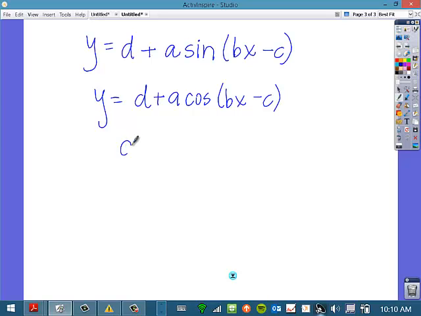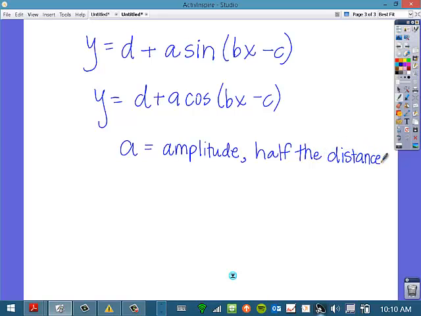So a represents the amplitude, which is half the distance between the maximum and the minimum.